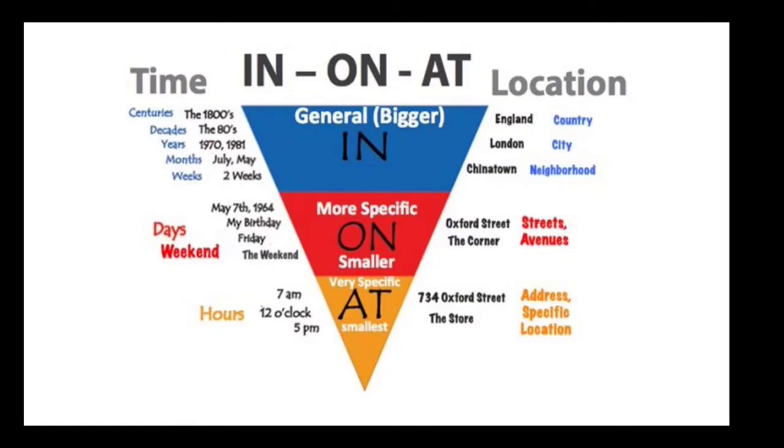And finally, we get to the most specific places. For exact addresses or intersections, English speakers use the preposition at. Like when they mention an address or specific location, they use the preposition at.